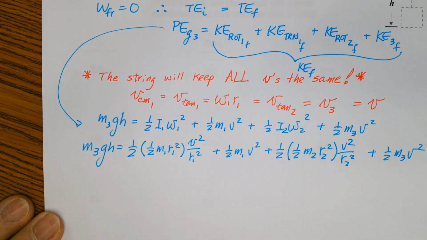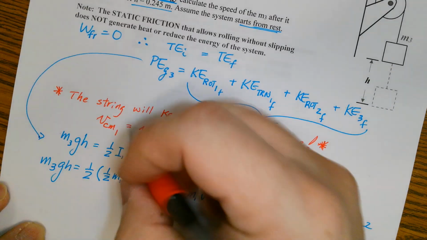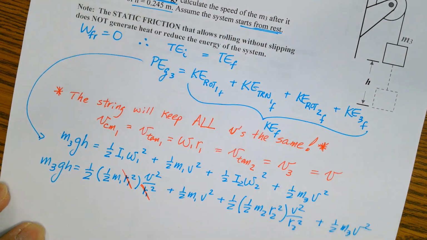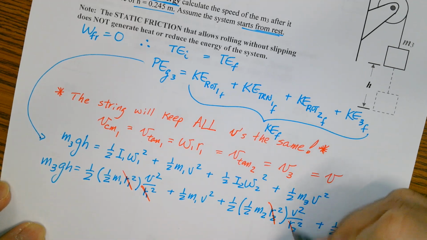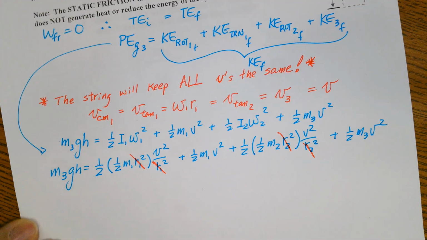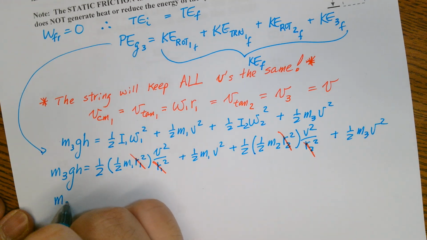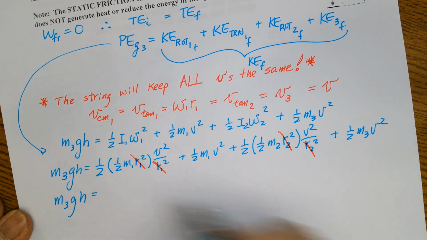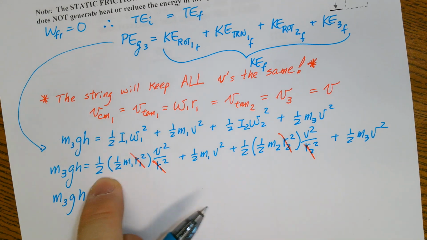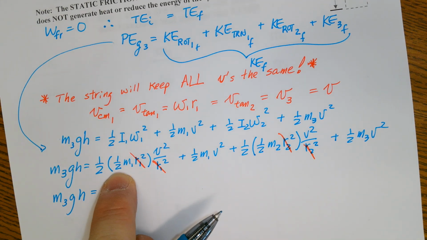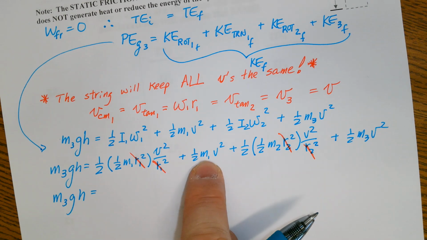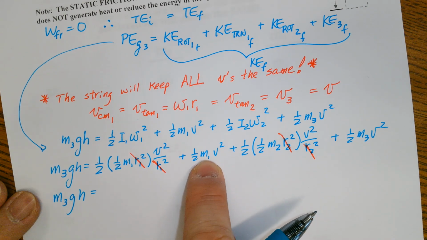Whew. Now we can cancel out this and this and this. So what do we have? M3GH is equal to, this looks like 1/4 M1 V squared plus 1/2 M1 V squared.